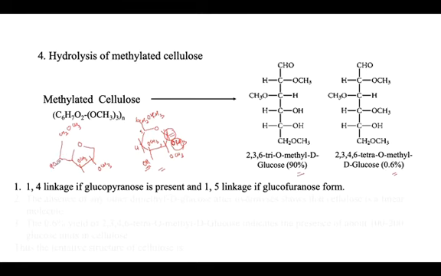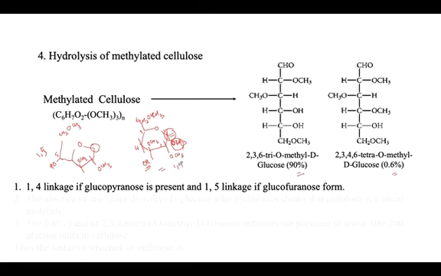So from this, it is clear that it has either a 1,4 linkage or a 1,5 linkage. In this case, it will be carbon 5. So the linkage is through carbon 1 and carbon 4, or through carbon 1 and carbon 5.